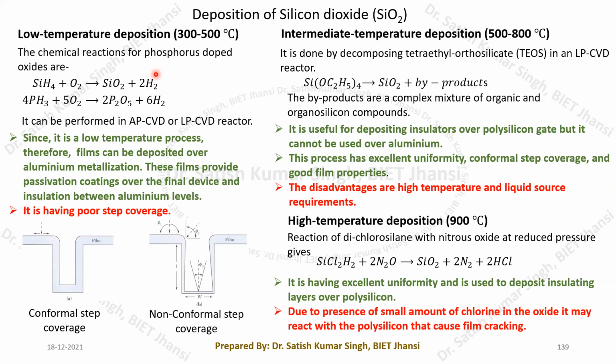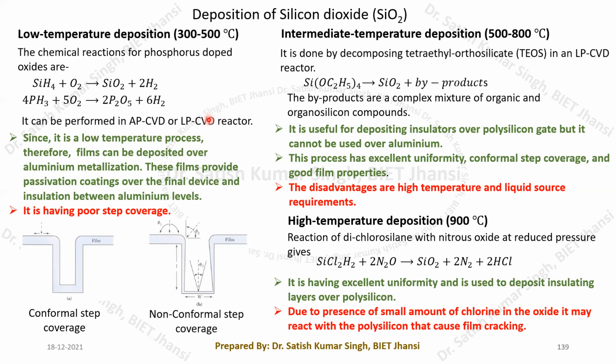If you also wish to dope this SiO2 layer with phosphorus, then you also have to send phosphine gas, and thereby the phosphorus is going to be deposited and dope this SiO2 layer. Normally, whichever reactor you use, APCVD or LPCVD, remember this is a very low temperature process, 300 to 500 degrees centigrade.